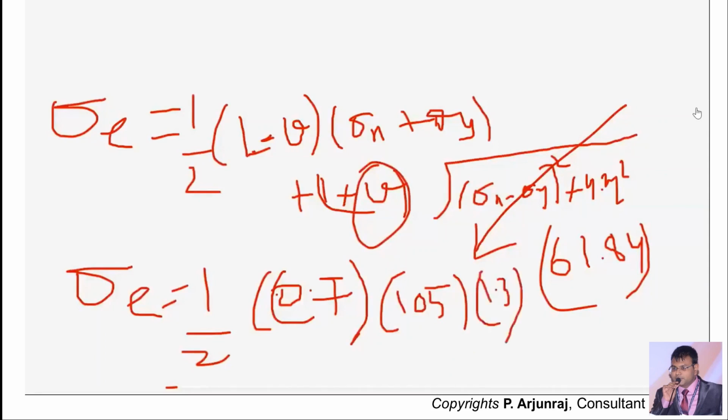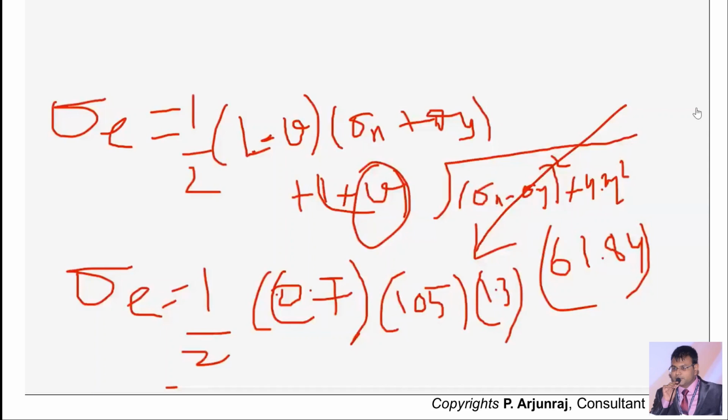Okay, so now we will solve this one using calculator. 76.9. Okay, the answer is correct.